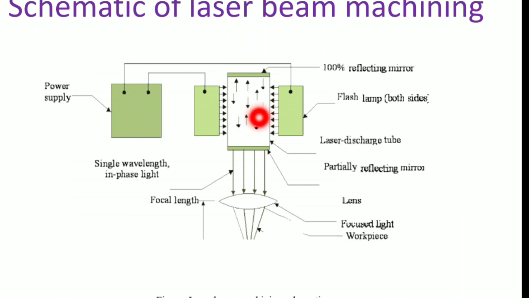Once they energize this ruby crystal, it will generate a coherent light source, and after a number of reflections this coherent light will be of high energy. Here you can see there is a 100% reflecting mirror and a partially reflecting mirror.